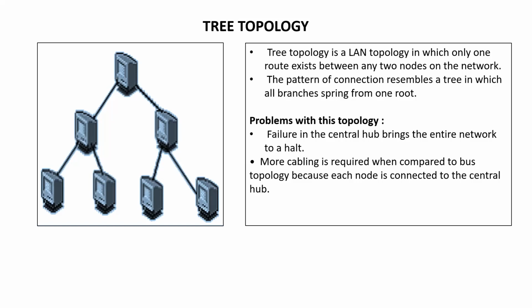Advantages and disadvantages. For any topology, what we have to do? We have to see the advantages and disadvantages. So see what will be the advantages. Scalability. When we have to increase the number of nodes, scalability is in the form of what?